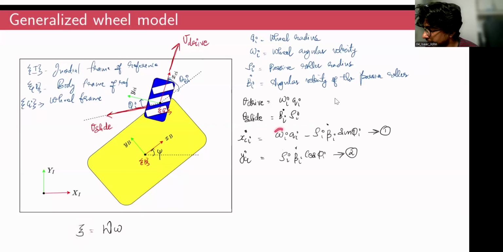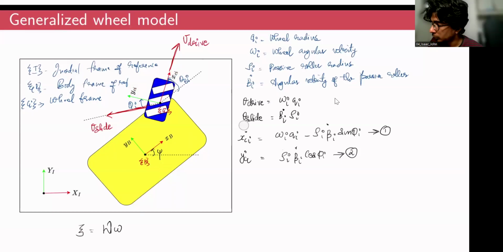We can relate omega to the XCI and YCI coordinates, and then we'll work our way back to the XB and YB frame of reference. So far we have only related omega I to XCI and YCI.